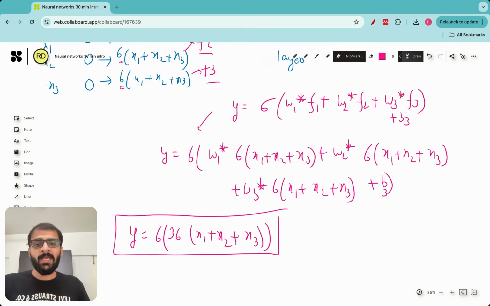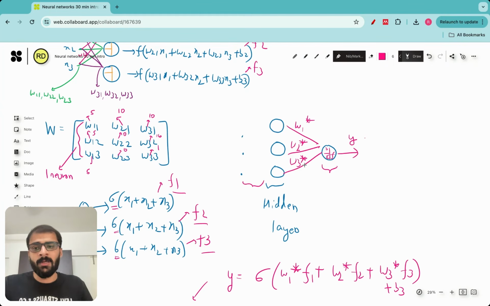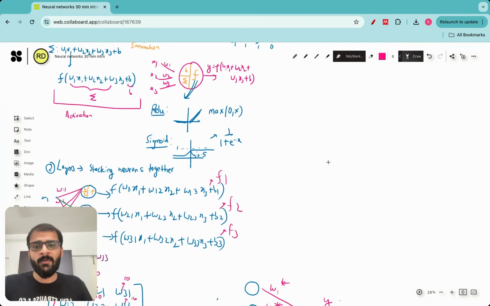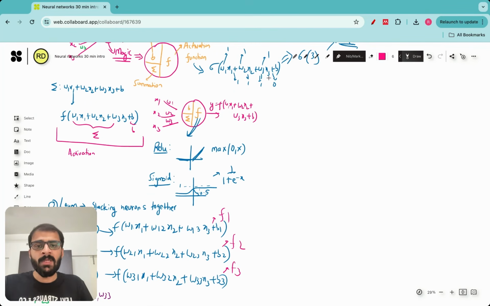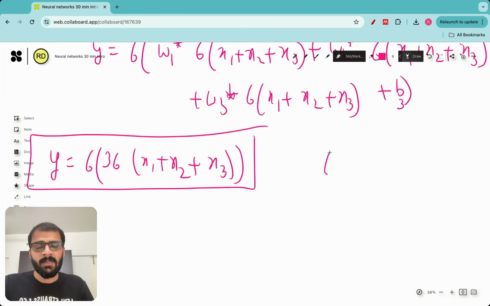So this is my y if my neural network has one hidden layer and one output layer. Whereas if you remember, when we only had one neuron, y was sigma of x1 plus x2 plus x3, correct?